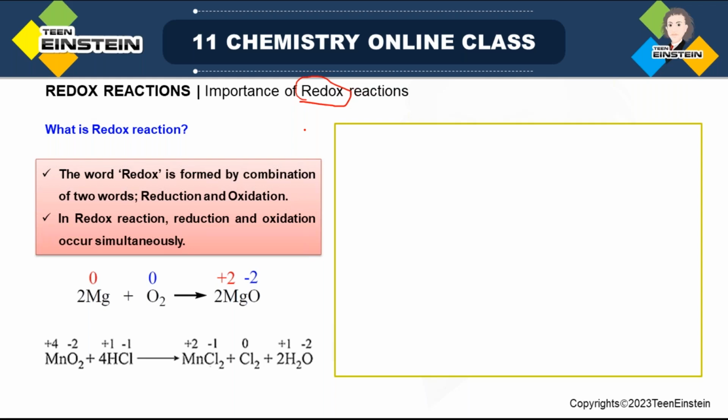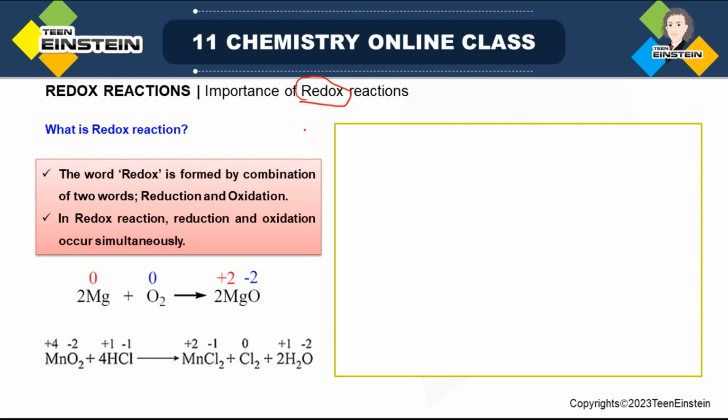So first the topic is importance of redox reaction, then we will see classical concepts of redox reactions, then redox reactions in terms of electron transfer, which is the modern concept, then oxidation number, rules for calculation of oxidation number, valency versus oxidation number, and redox reactions in terms of oxidation number and fractional oxidation number, and there will be problems also.